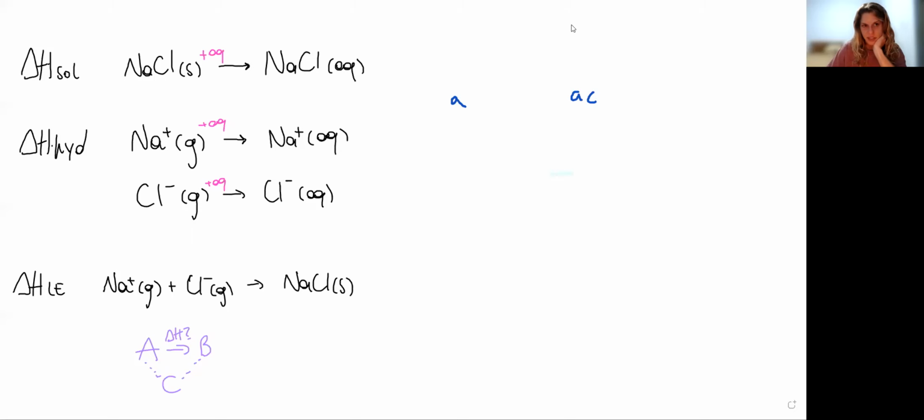One thing to consider is what is common between these equations. The common product or reactant is just this, the sodium chloride solid. Notice that it appears in both of these equations. And this sodium chloride aqueous, you can also write it as the ions, because it's an ionic compound in aqueous solution, it is going to be separated as ions.